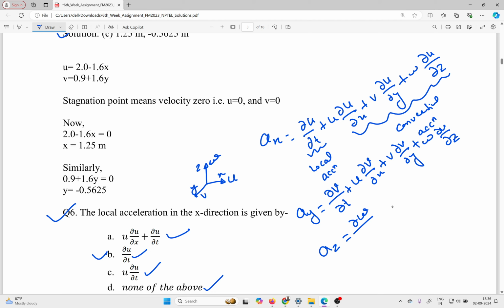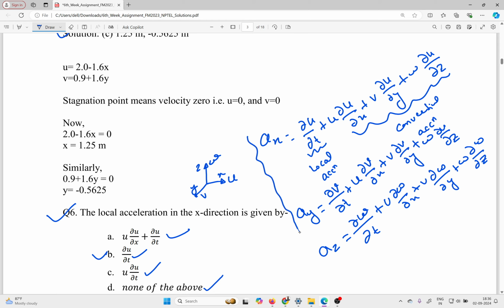With this assumption I am writing these equations: del w by del t plus u del w by del x plus v del w by del y plus w del w by del z. So these three.